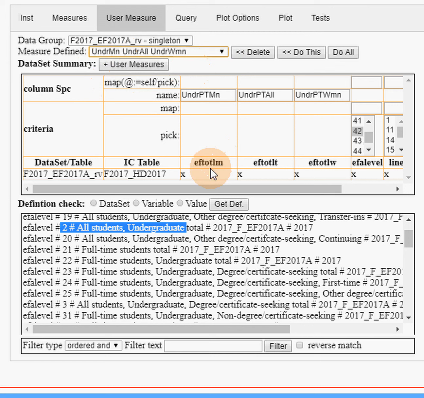Since we have men, women, and total, we have undergraduate men, undergraduate women, and undergraduate total.